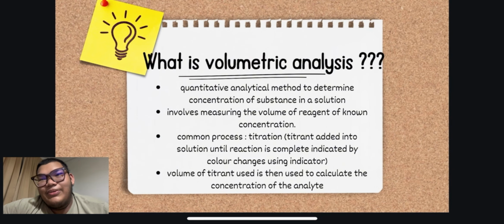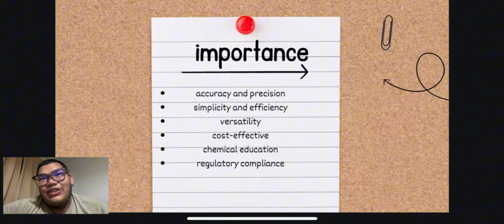The importance includes accuracy, precision, simplicity, efficiency, versatility, cost-effectiveness, chemical applications, and regulatory compliance. Today we're going to look deeper at two things: quality control and quality testing.